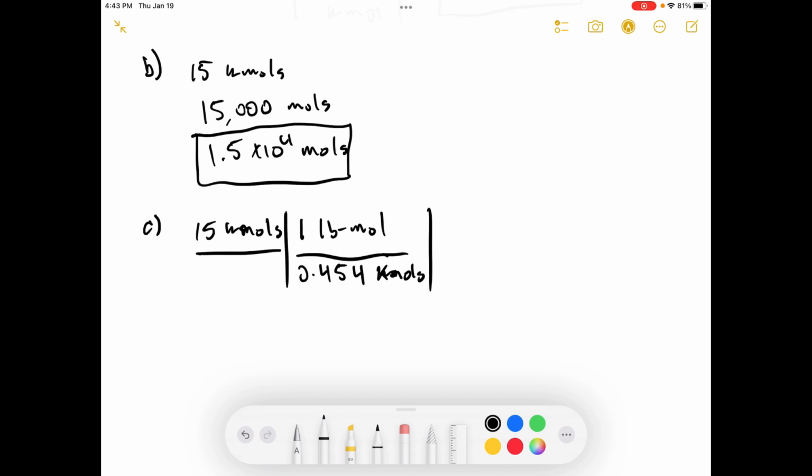Okay, and this equals 33 pound moles. There we go.